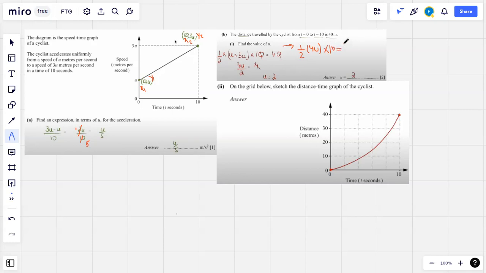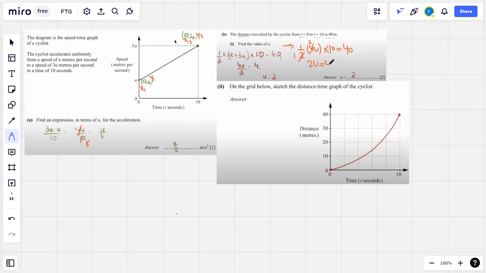What will I do next? The 2 and 4 get cancelled out, since 2 times 1 is 2 and 2 times 2 is 4. So this will be 2u, and the 10, since it is being multiplied on this side, goes to the other side and gets divided by 4.